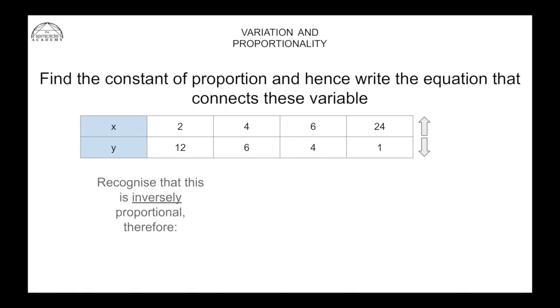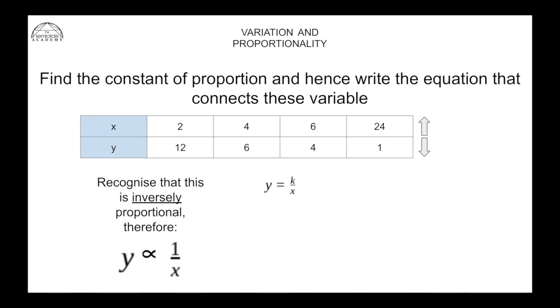So from this, we should recognize that this is an inversely proportional relationship, and therefore we will use y is inversely proportional to x, or y is proportional to 1 over x, yeah? 1 over x being the inverse, hence y is inversely proportional to x. So once we've established this, then we could form an equation using our constant of proportionality. Y is equal to k divided by x.